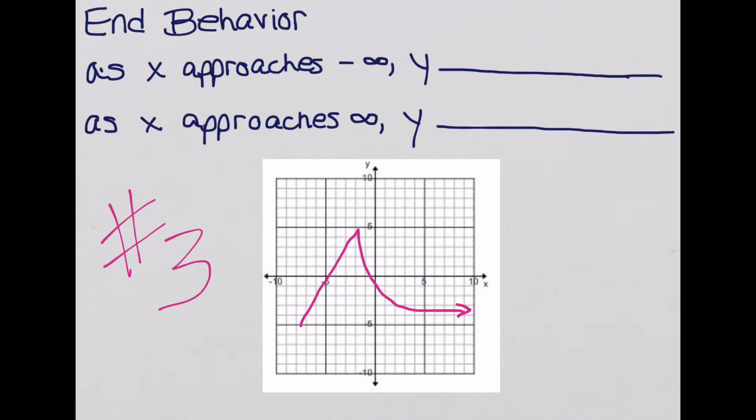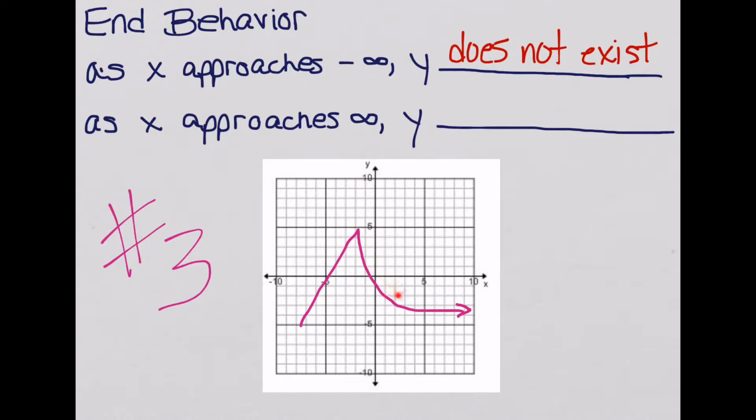And behavior for number 3. What's happening on the left-hand side? Is there any function going on over here? No. So for this one, y does not exist. If you would like to abbreviate that as DNE, you sure can. As x approaches infinity on the right, what is this thing doing? It's coming down.